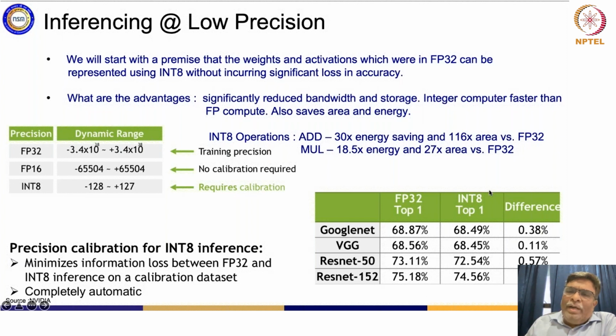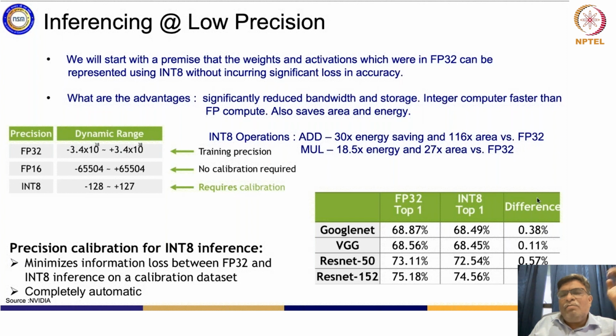Now when you do it using int8, you optimize your model, run it for inferencing. The int8 model gives you accuracy of 68.49 as against 68.87. So this is just a difference of 0.38%, right?